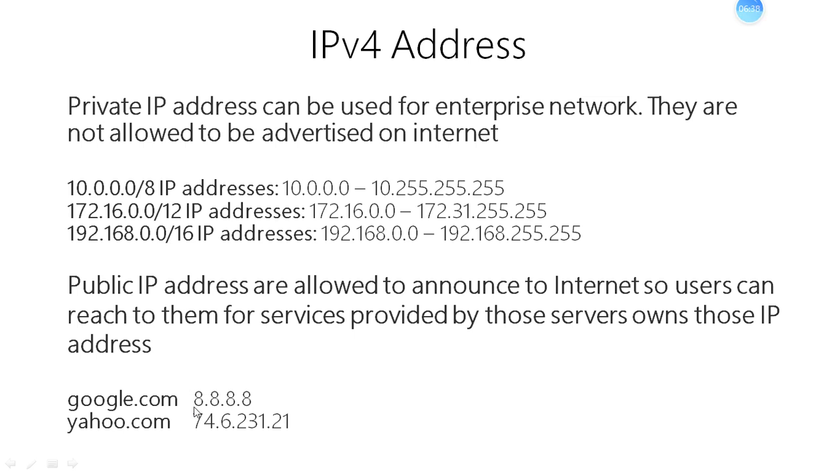If you can reach this IP, then you can browse google.com, right? And then this is yahoo.com. All those internet services, like servers, have to be assigned a public IP so that all the users can reach them, right?